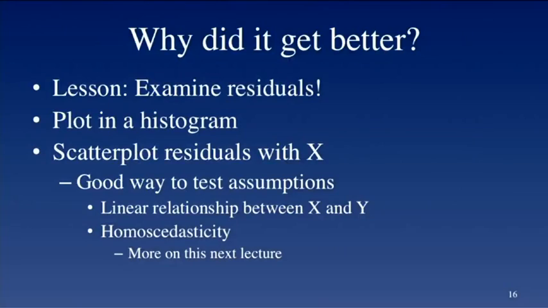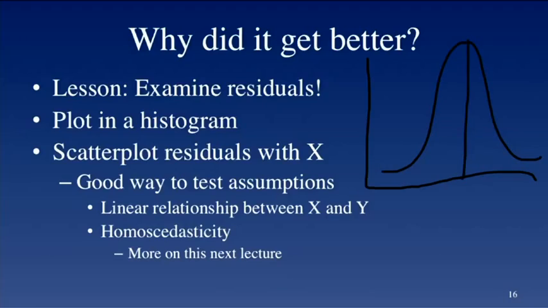So you can imagine if I plotted those residuals in a histogram, remember a histogram, if we have a normal distribution, it just looks like that, right? If we plotted residuals, we would want to get most of the residuals around 0. Right? Some of them are going to be positive, some of them are going to be negative, but they're going to be small.